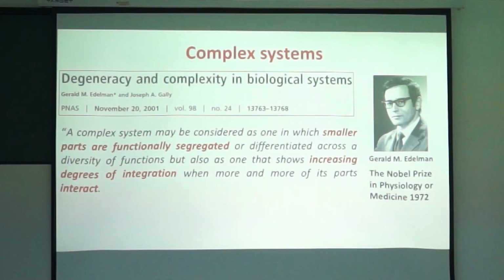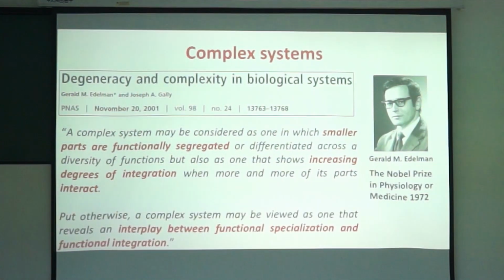But also one that shows increasing degrees of integration, where more and more of its parts interact. You wouldn't get an action potential if the sodium and potassium channels did not interact with each other. Put otherwise, a complex system may be viewed as one that reveals an interplay between functional specialization, which is this part, and functional integration, which is this part over here.